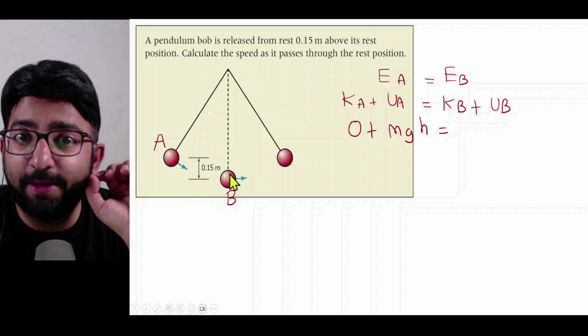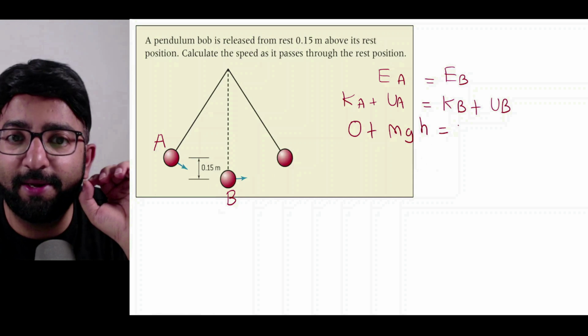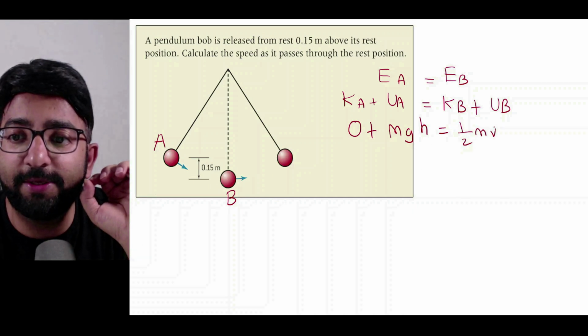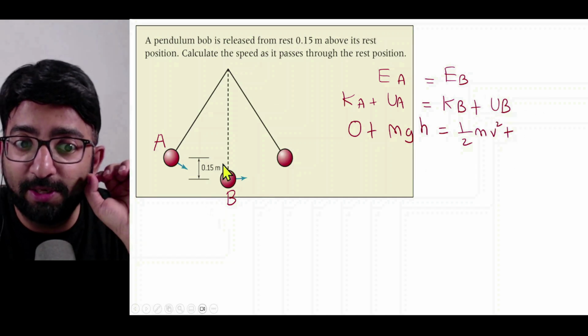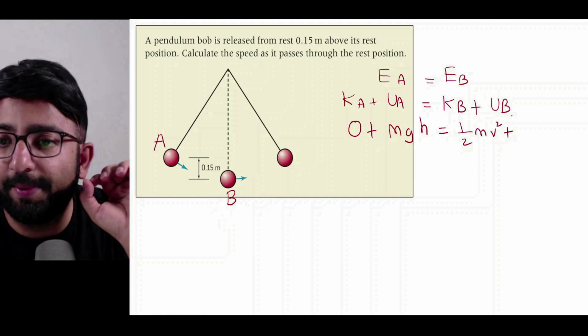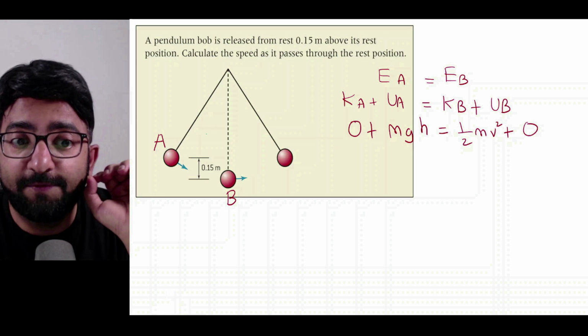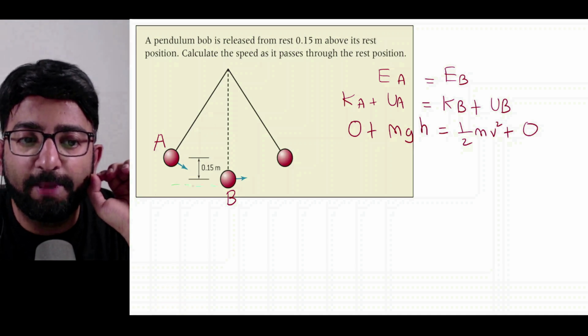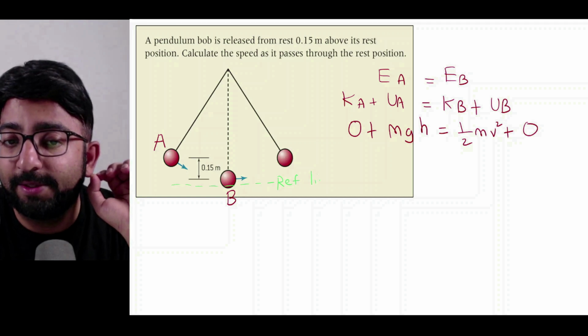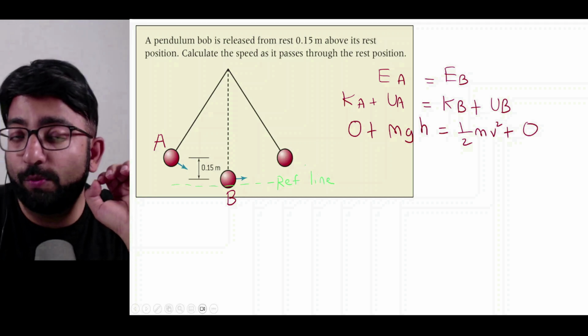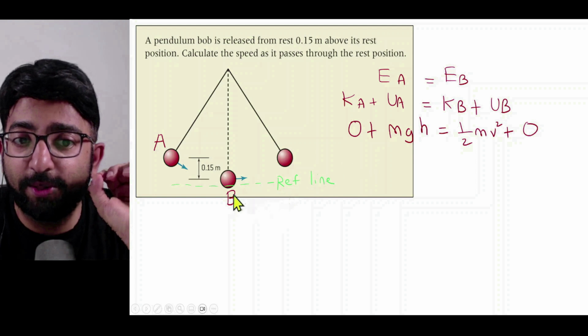At B, which is the centermost point, let's say the kinetic energy is half mv square and it is this v which we are supposed to find. And potential energy at the point B will be considered as 0 because we are considering the point B as our reference line. So if you remember the concept, reference line is a point where we assume the gravitational potential energy to be 0.